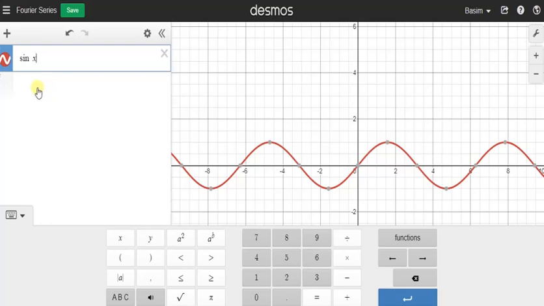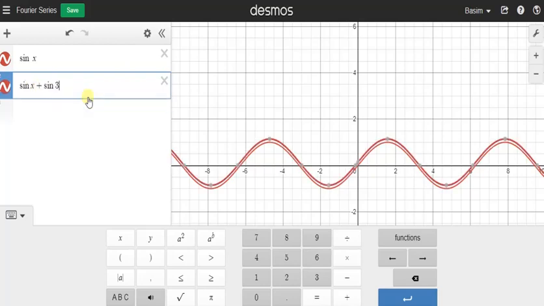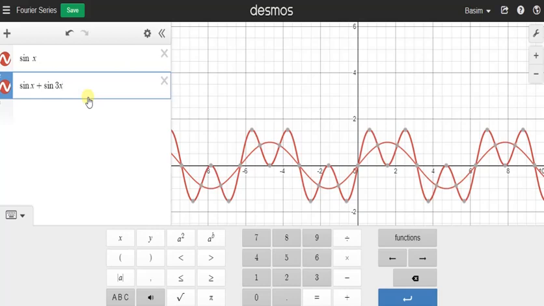Now if I add sin x plus another term sin 3x, then the graph will look like this. Now let us add some more terms also.